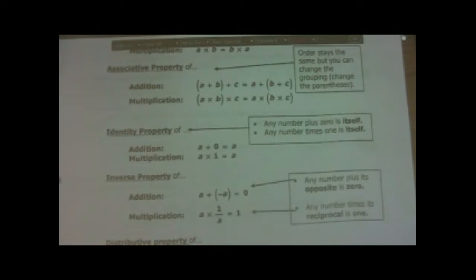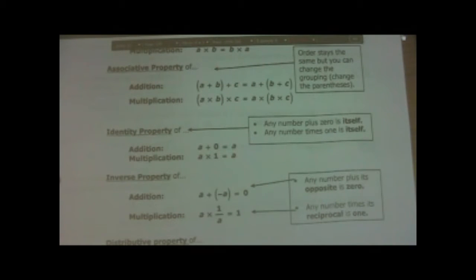I mean, obvious, we know that. That's the identity property. With multiplication, we can multiply it by 1. So any number times 1 is itself. Think about it this way. The identity property is what I can do to a number and still get the same number itself.